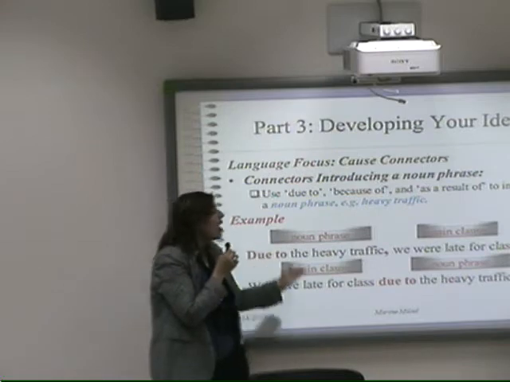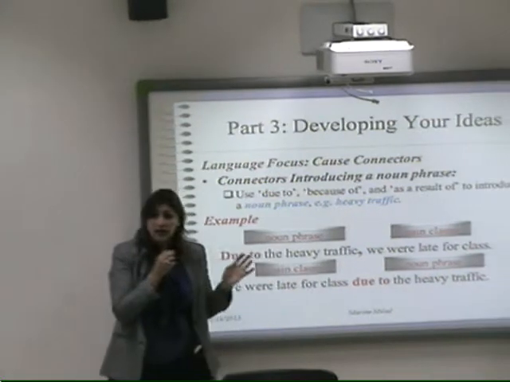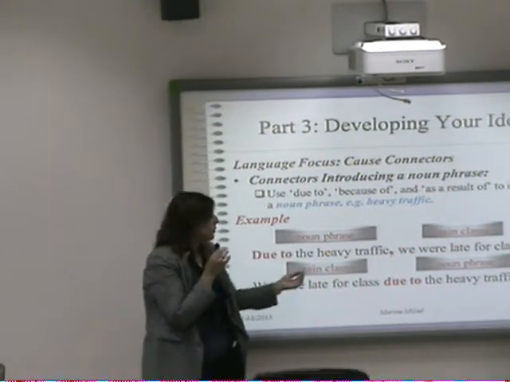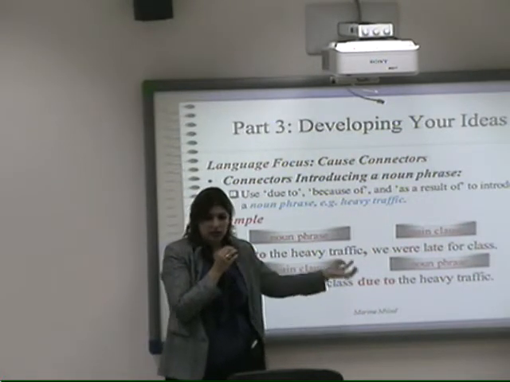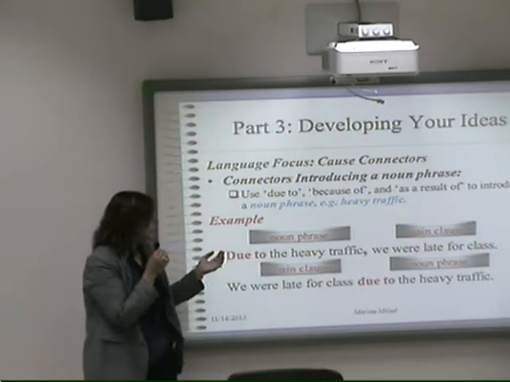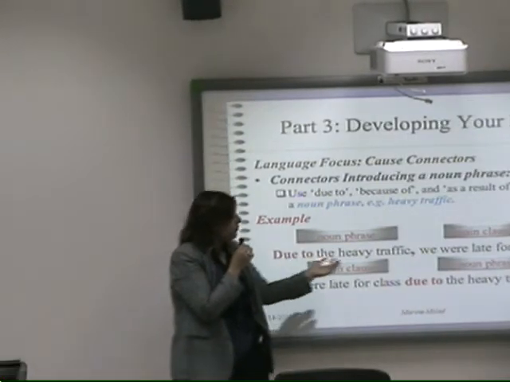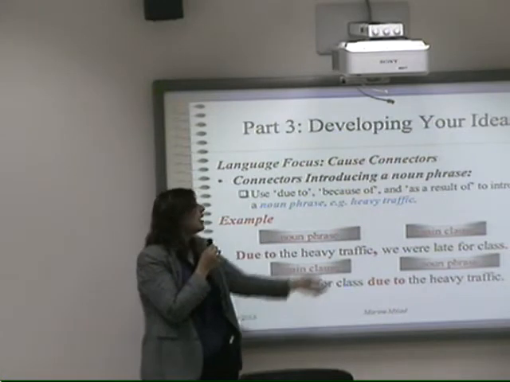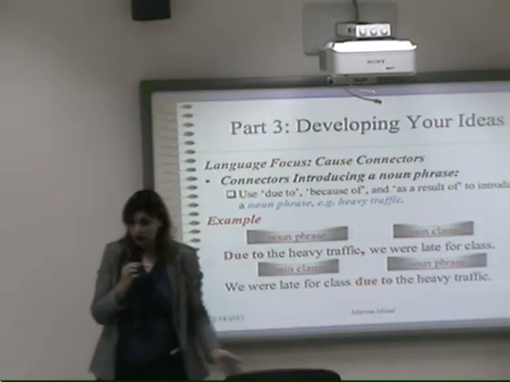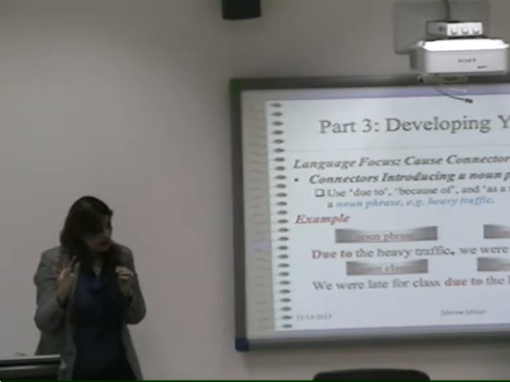Due to heavy traffic. A noun phrase is a noun usually preceded by an adjective that modifies it or adds more description about it. We say it like this: Due to the heavy traffic, we were late for class. Or: we were late for class due to the heavy traffic. Easy?